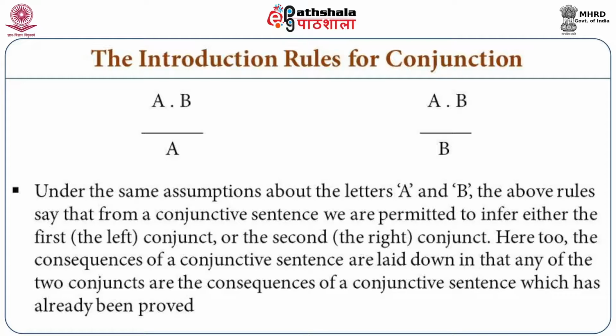Also, we can infer the other conjunct B given A and B. Now, this is just an example. From here, we go on to show that all the truth connectives used in sentential logic can be explained in terms of either elimination or introduction. We have done it for conjunction, and we are going to do it for the rest of the truth functional connectives.